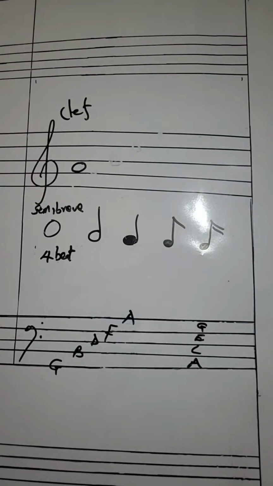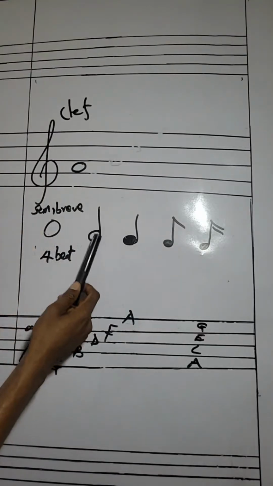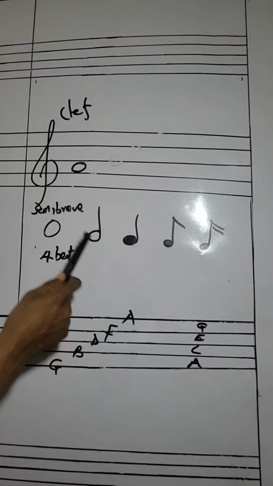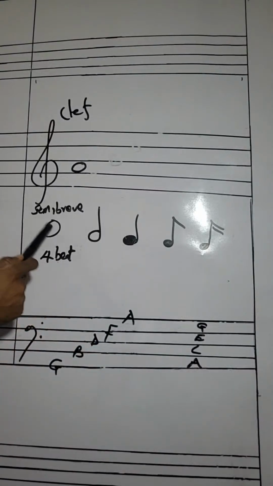And one thing you have to know is that the note that comes before this one is always half the value of the first one. So let's say this is the first note, the longest note that is currently in use, and this is my semibreve.